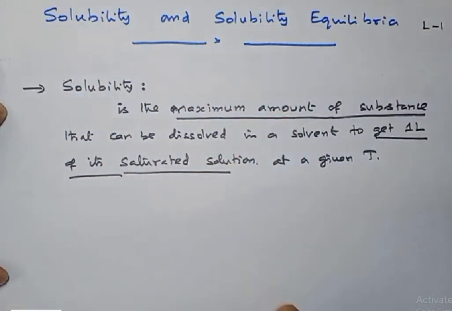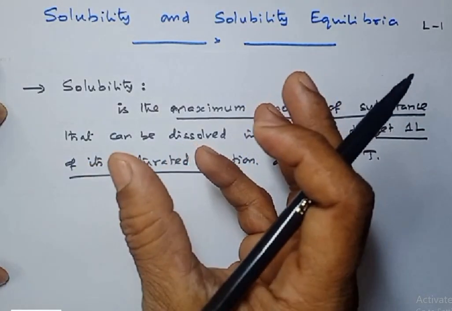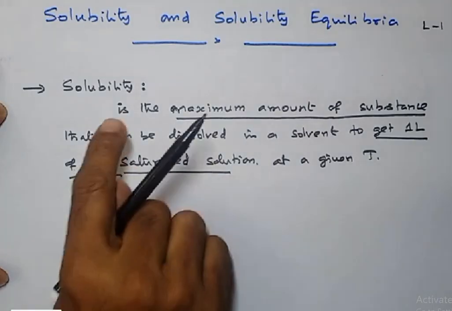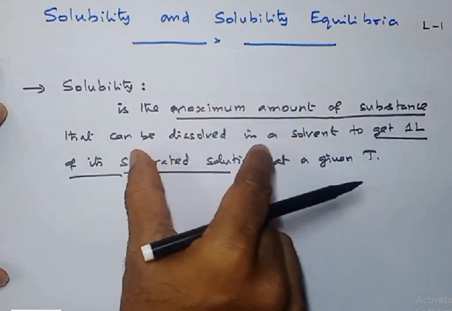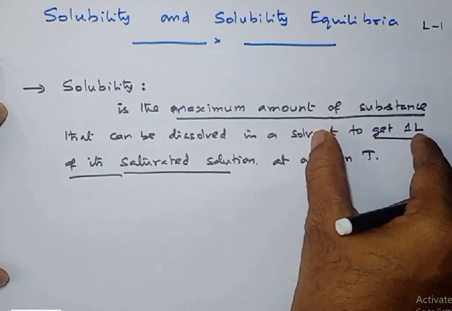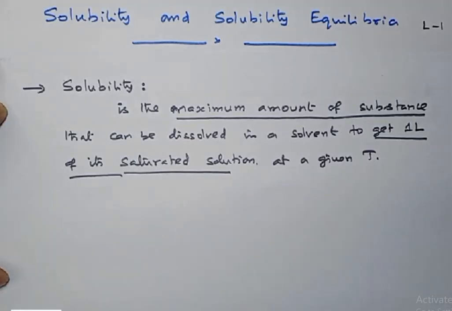That's the meaning of saturated solution. It is the maximum amount the solute is dissolved in it. Okay. So solubility is the maximum amount of substance that can be dissolved in a solvent to get 1 liter of its saturated solution at a given temperature.